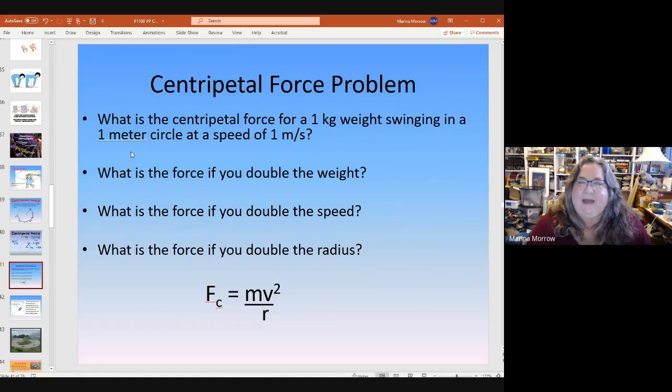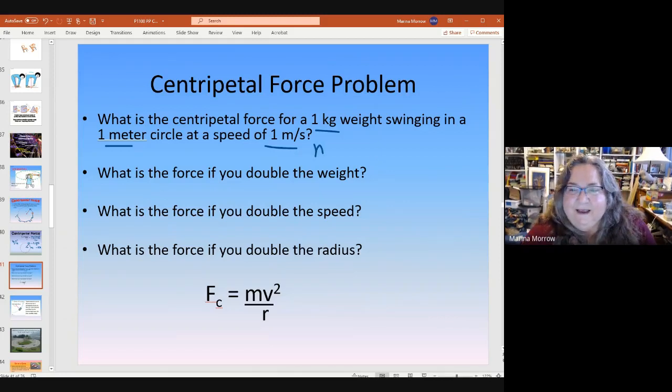Now, if you have a 1 kilogram weight swinging in a 1 meter circle at a speed of 1 meter per second, well, by that formula, of course, mv squared over r, that's going to be 1, 1, 1. So we're just going to end up with 1. But if you double the weight, or the mass, then you're going to have 2 times 1 squared over 1.